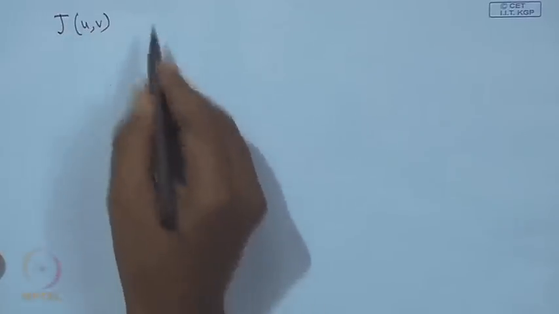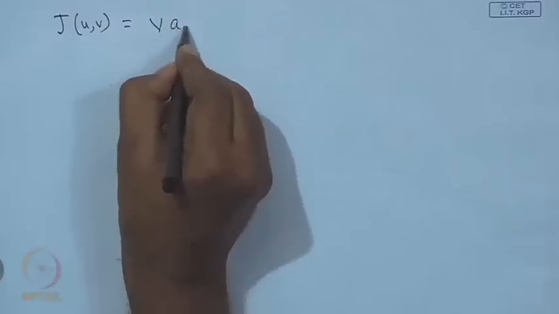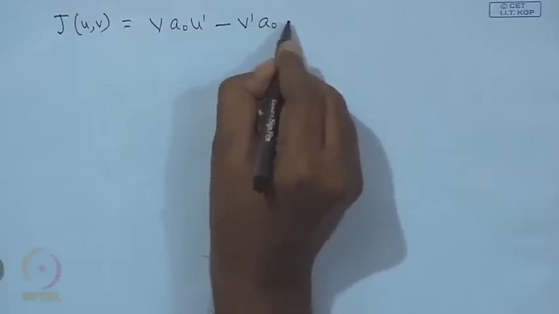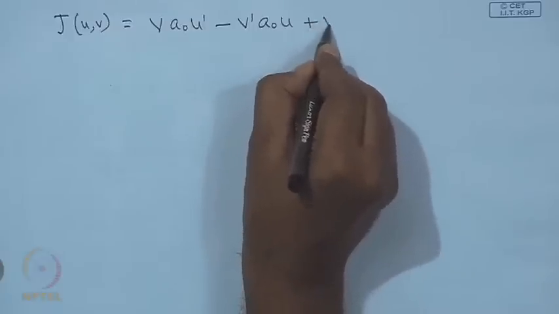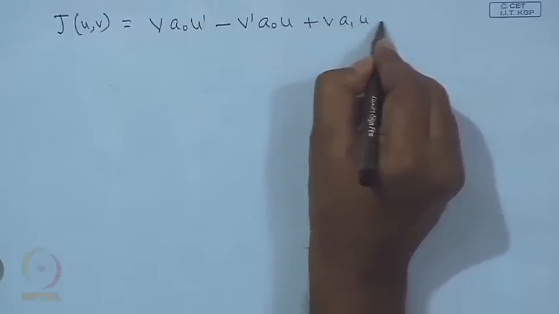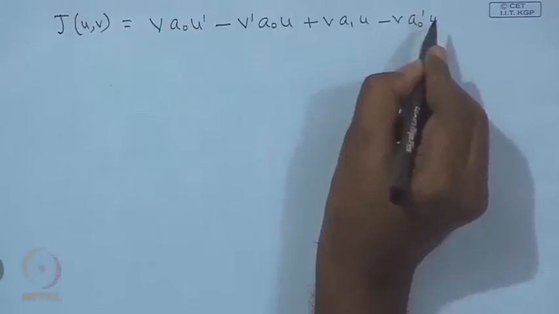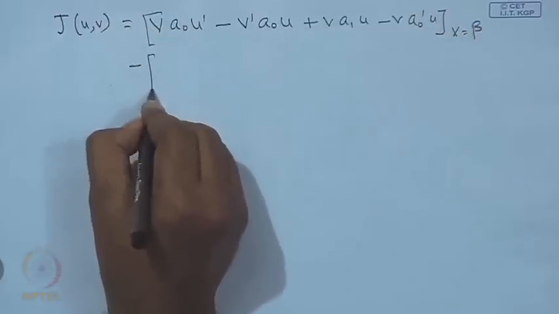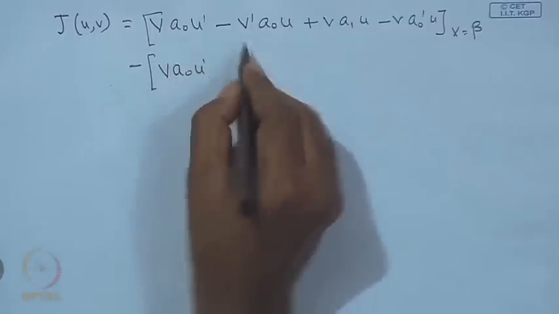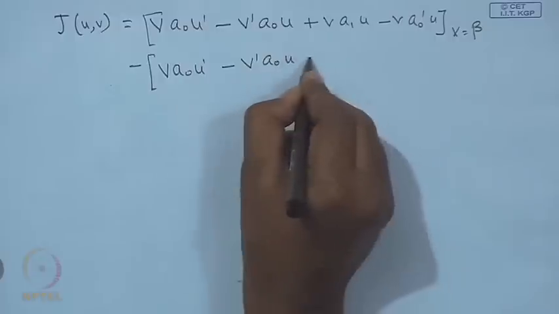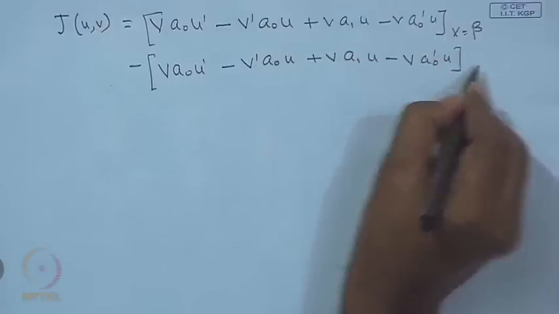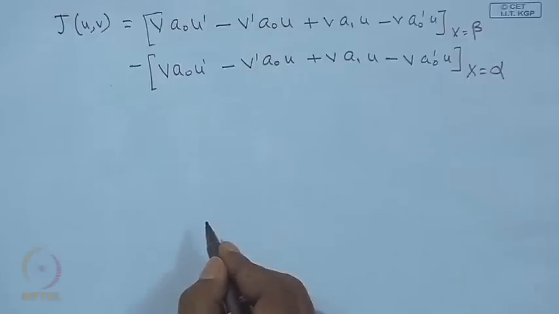So, J u v is nothing but v a 0 u prime minus v prime a 0 u plus v a 1 u minus v a 0 prime u evaluated at x is equal to beta minus the same thing v a 0 u prime minus v prime a 0 u plus v a 1 u minus v a 0 prime u evaluated at x is equal to alpha.